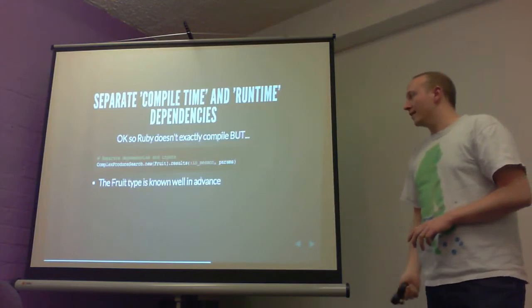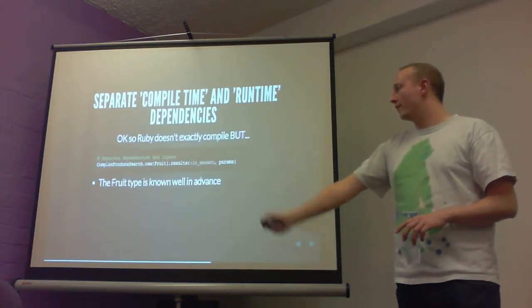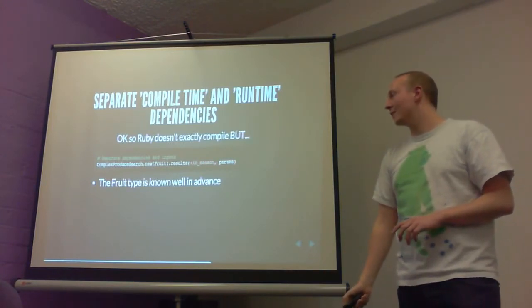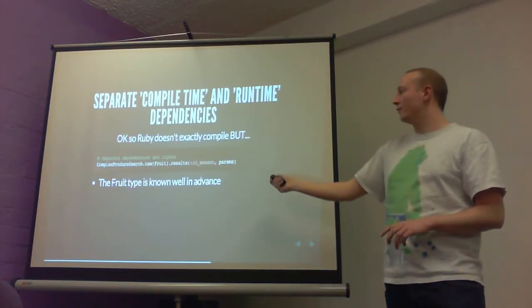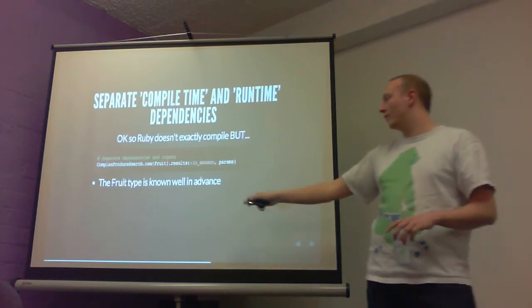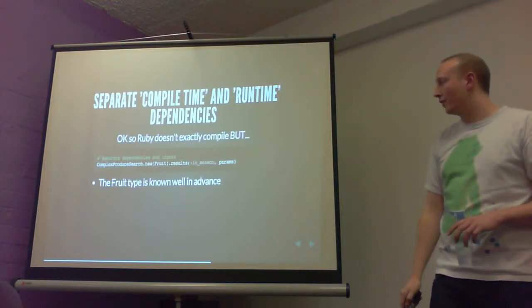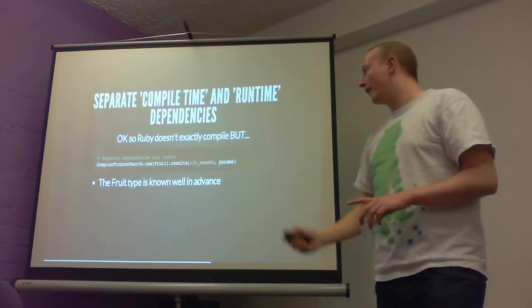So now we do it like this. The fruit type is known well in advance. We know of the object with the type that it's going to be interacting with. And then the data, which is basically from the user, comes from the context that it's used in, and this stuff comes directly from the user. That comes in later.